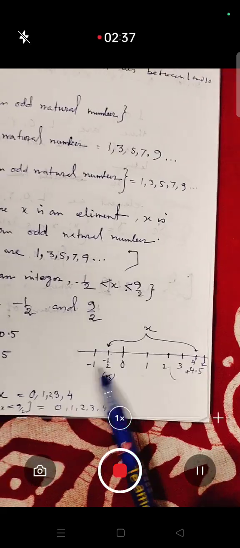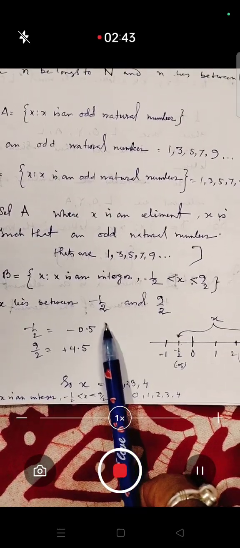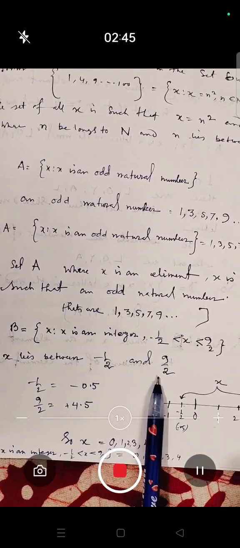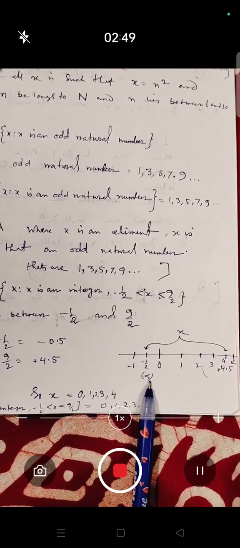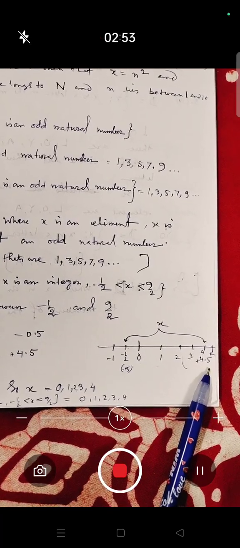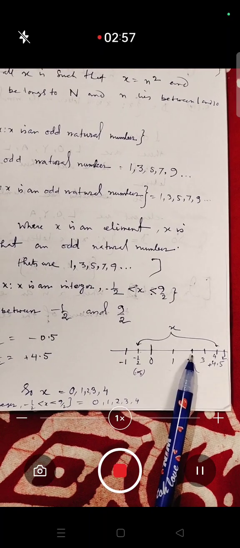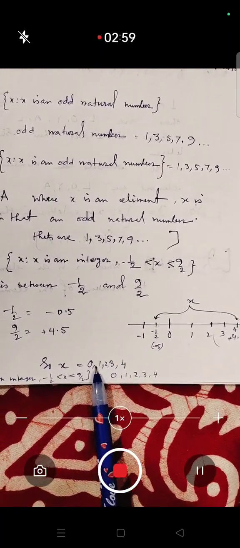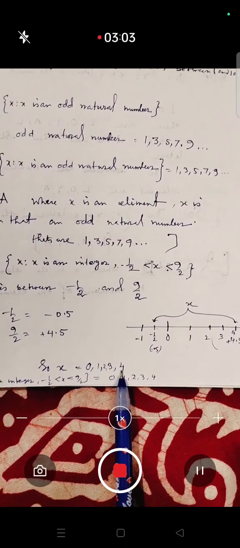Now the question is x lies between minus half and 9 by 2, so between minus half and 4.5. So the points are 0, 1, 2, 3, 4.